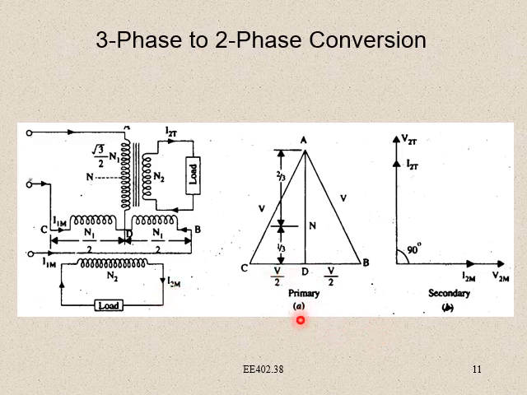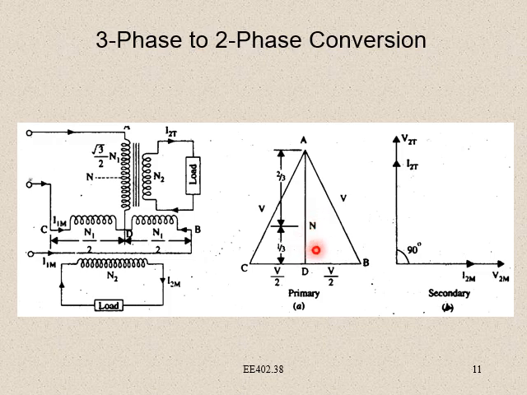And by observing the primaries and secondaries, see the CB coil is split into two, so the voltage also splits into two, V by 2 and V by 2, and there is a center tapped coil AD, which is having the turns ratio of root 3 by 2 N1.